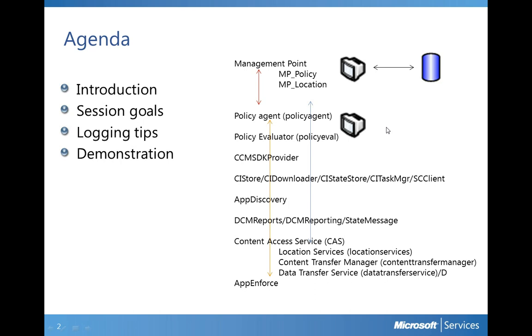Remember that for the client to learn about anything, the client has to read policy. Client policy actually tells the client what to do. That is generically true, regardless of whether we're talking about packages, applications, instructions for a client agent, or hardware inventory settings.